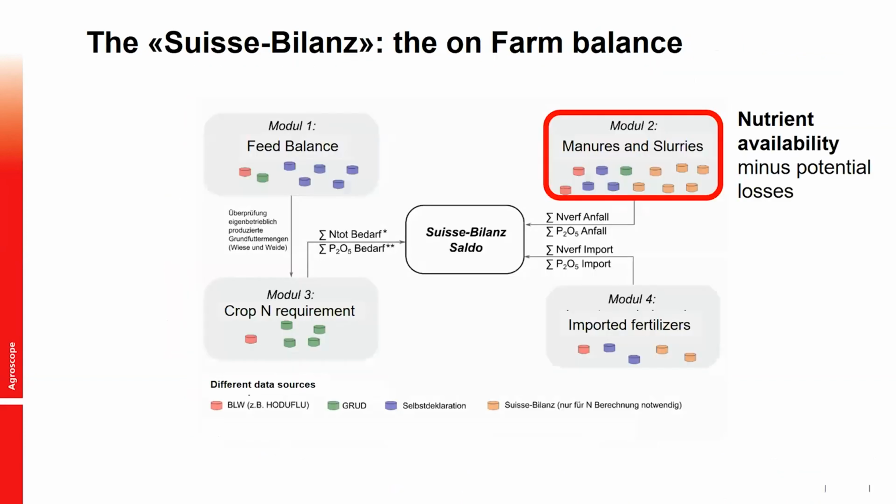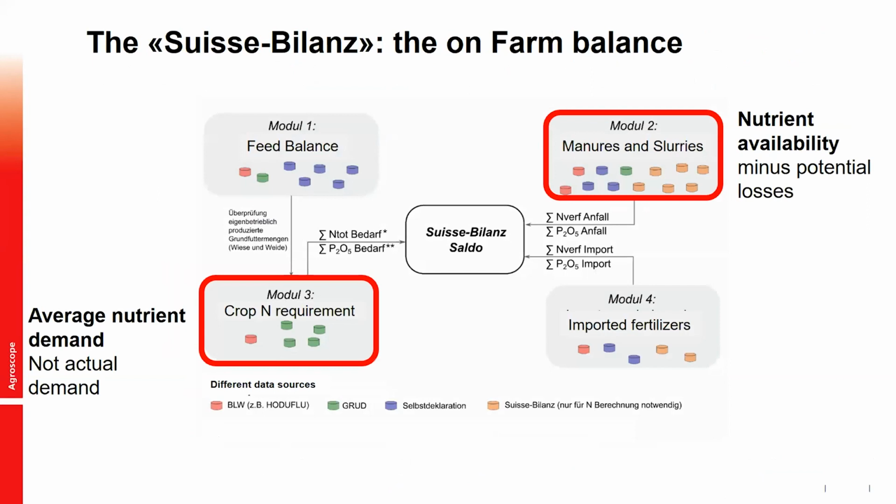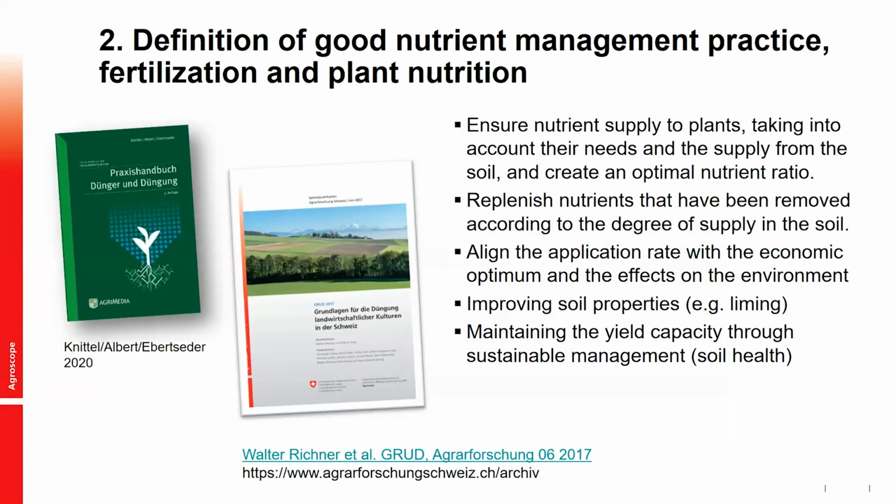And from that example, I will come to the second example, which rather goes to the fertilizer requirement side on the crop side. And there, this Swiss balance today considers just average nutrient demand and not the actual demand of our crops. What does that mean? So the definition of good nutrient management practice and fertilization or plant nutrition says that we should ensure nutrient supply to plants, taking into account the supply from the soil, also create optimal nutrient ratios, being N and P, for example.